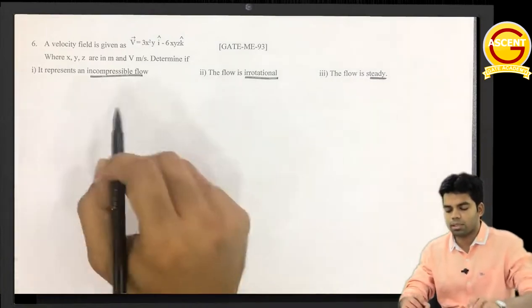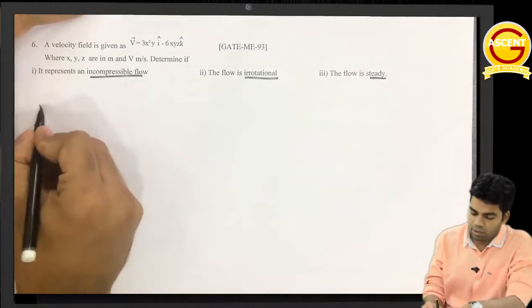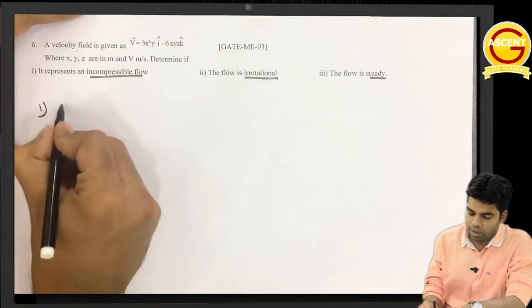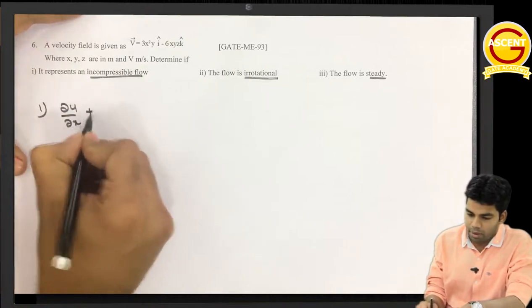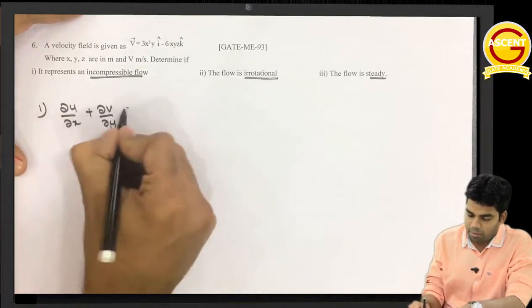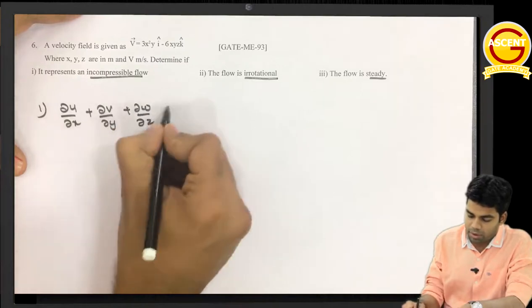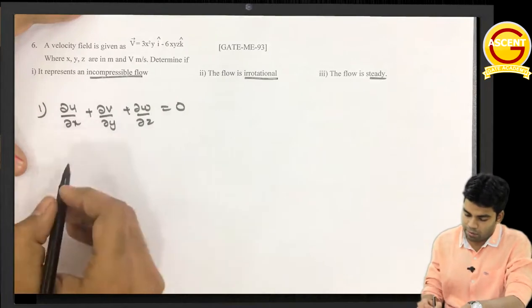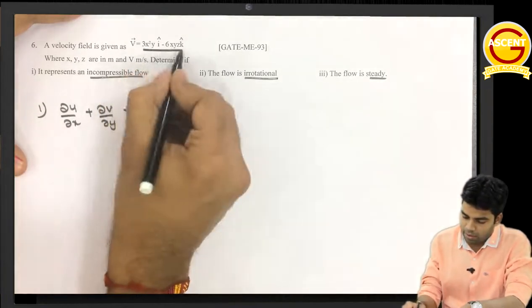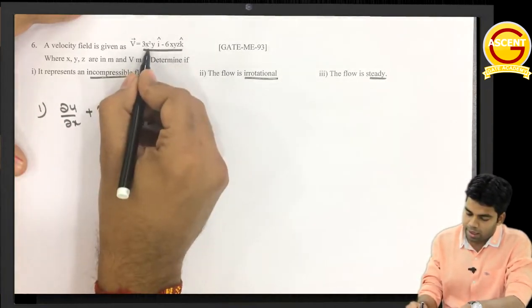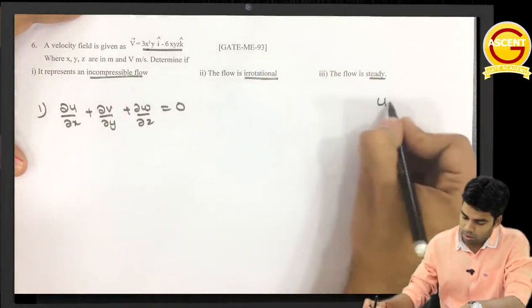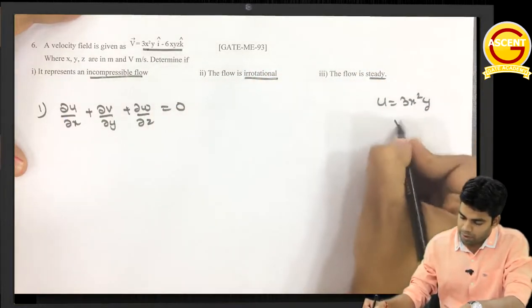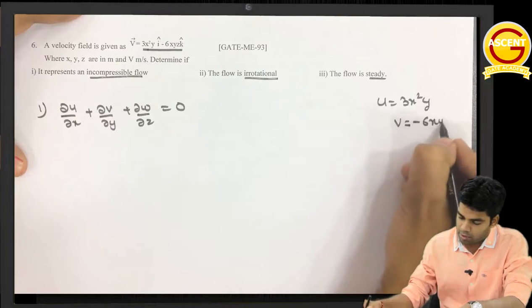What you have to do is just satisfy the condition for the continuity equation, that means del u by del x plus del v by del y plus del w by del z should be equal to 0. This is the condition for incompressible flow. So del u by del x here, u is 3x square y, v here is minus 6xyz.